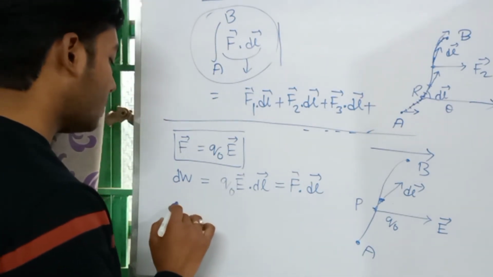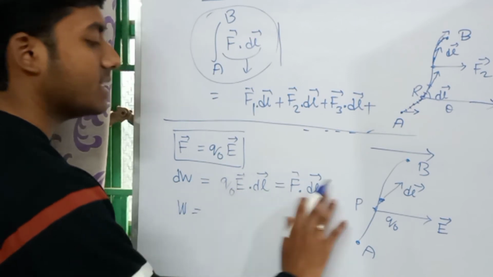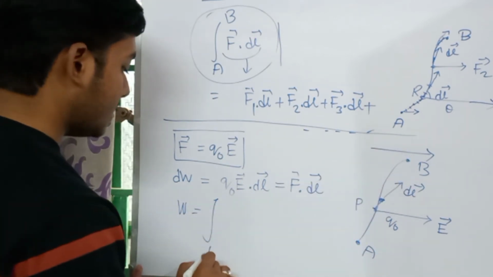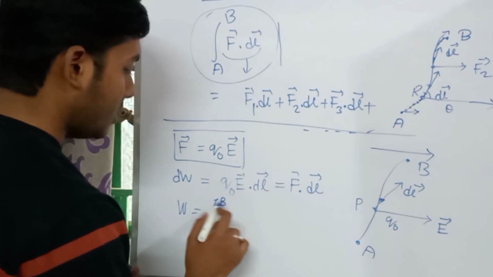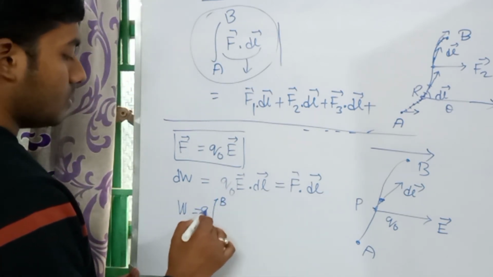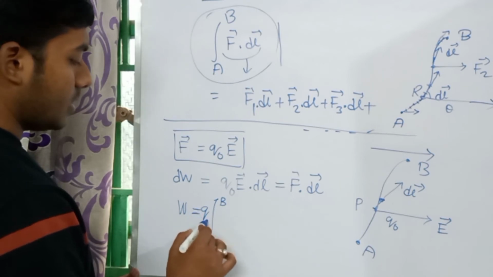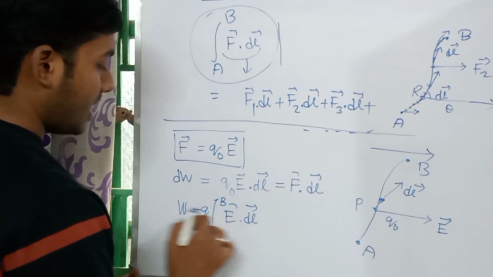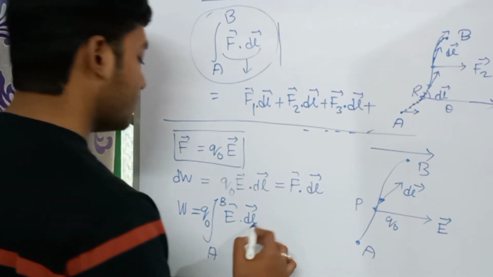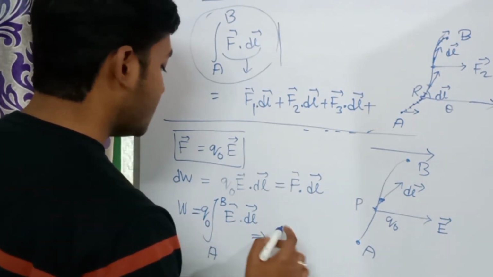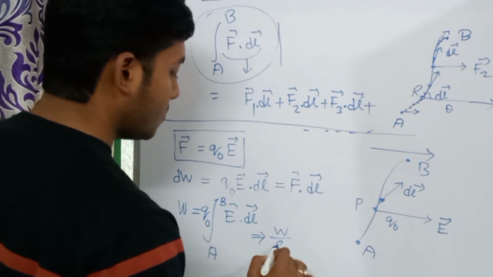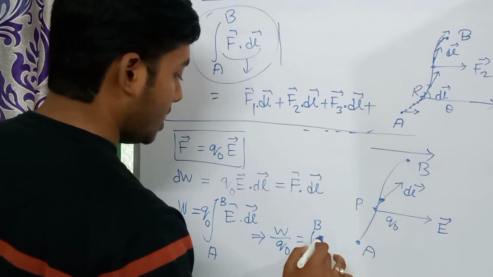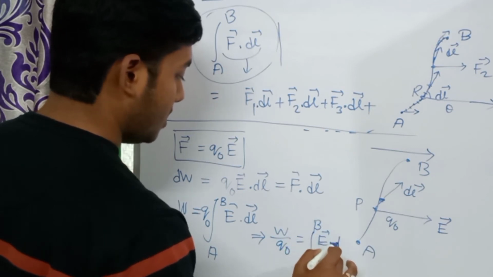The total work done will be simply the integration of this expression, with the limit from A to B. So from A to B, q0 will be out of this integral, q0 E dot dl, and this expression turns into W by q0 equals the integration from A to B of E vector dot dl vector.